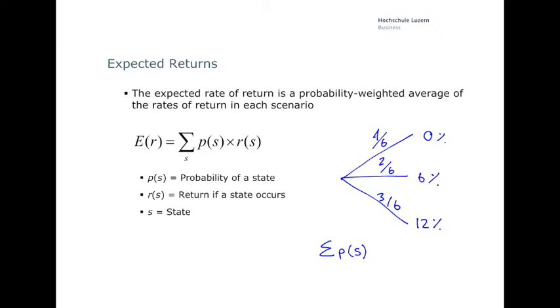As you know, the sum of the probabilities always needs to add up to 1 or 100%. So now the expected return is simply 1/6 times 0% plus 2/6 times 6% plus 3/6 times 12%, equaling 8% expected return.